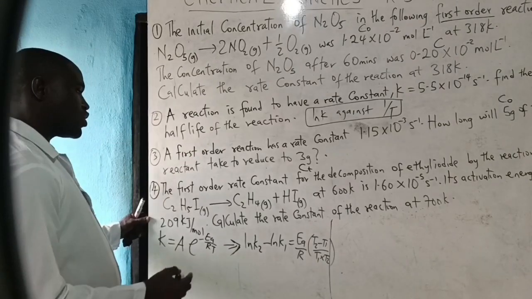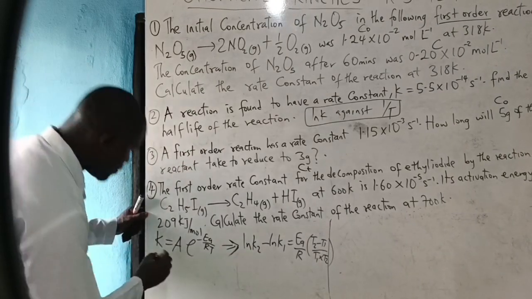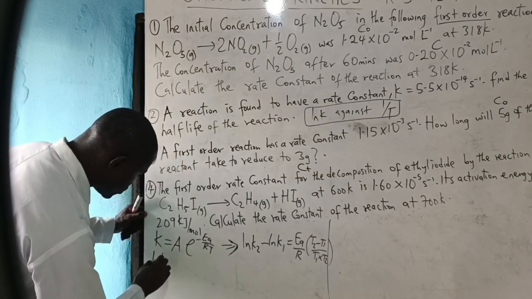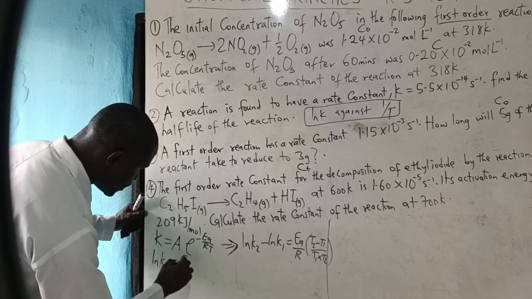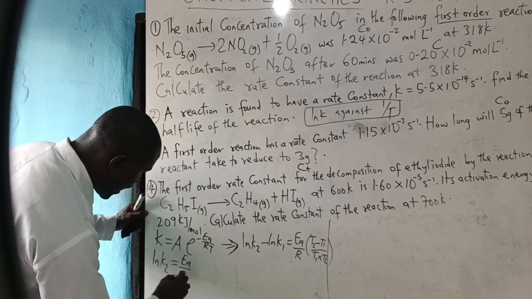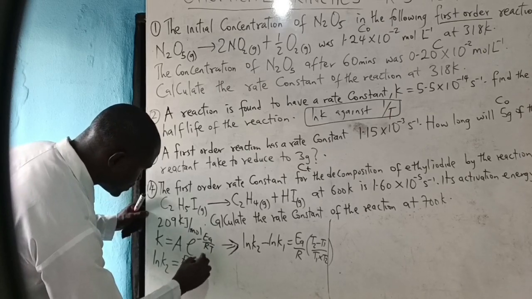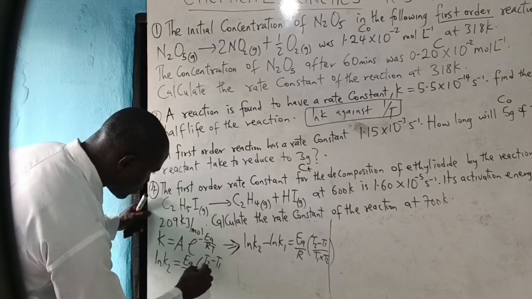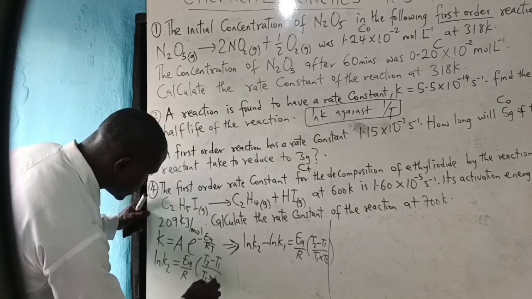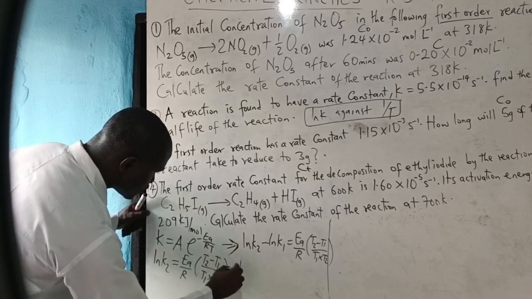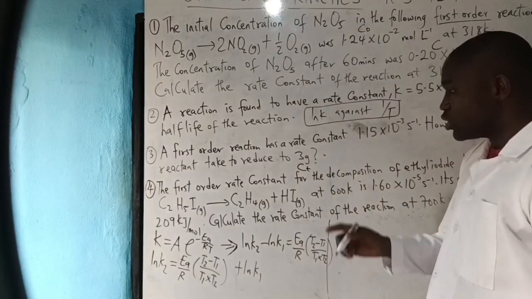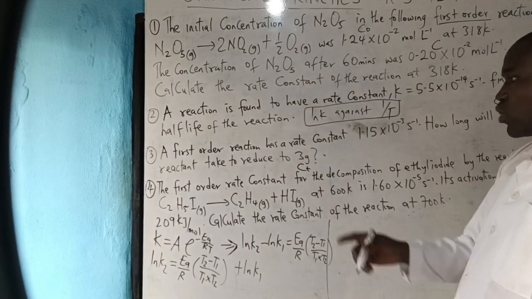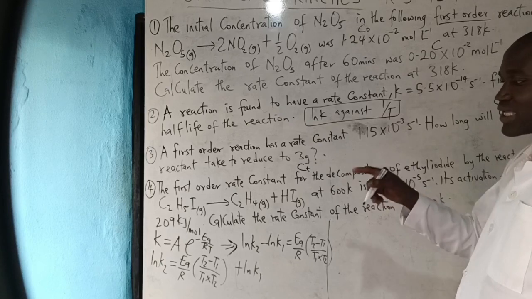And so they are giving you the parameters. So what we will be doing, we'll package: ln k2, which is what I'm looking for, equals Ea over R bracket T2 minus T1 all over T1 times T2, plus ln k1. What is our Ea? Ea is 209 kilojoules, that is 209,000 joule per mole.